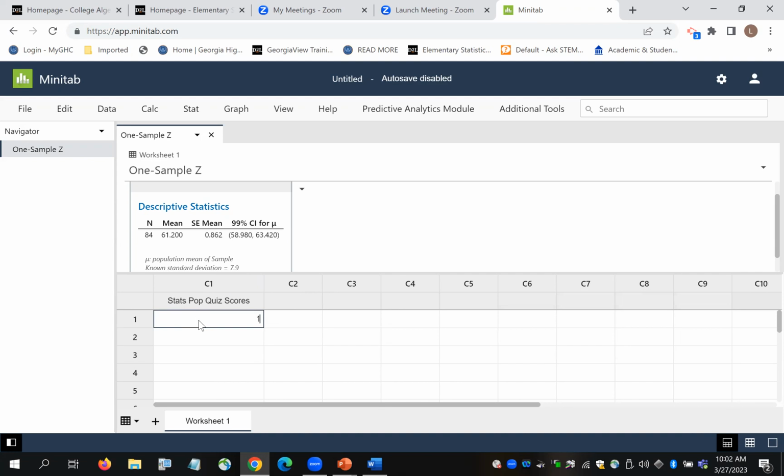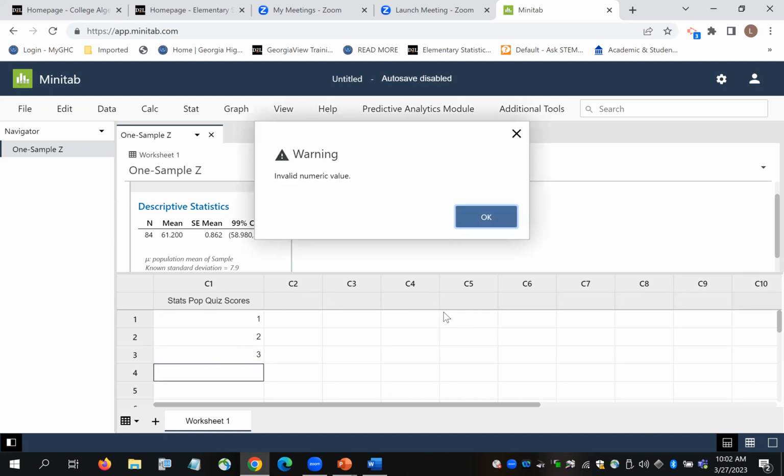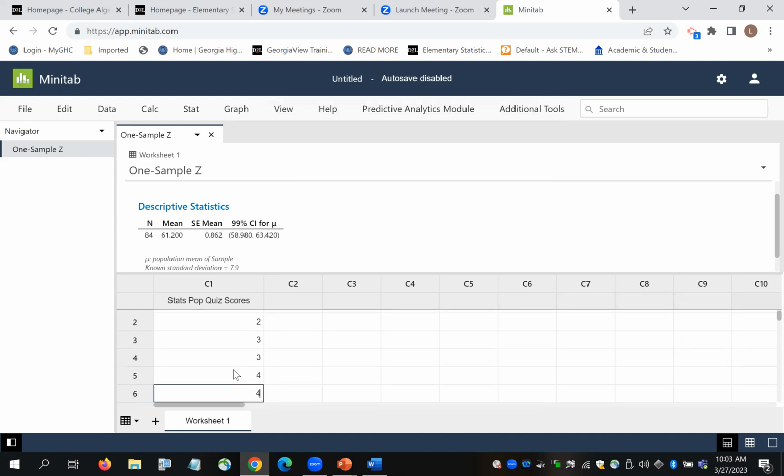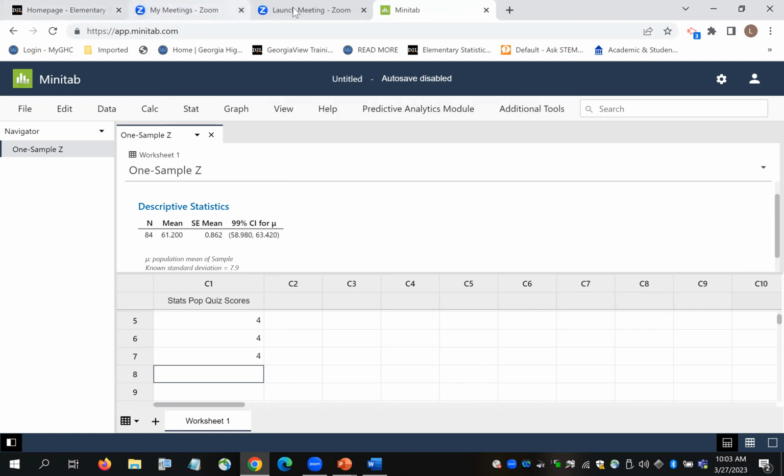We have 1, 2, 3, 3 again, then there's 4, 4 again, 4 again. So I have 3 4s.